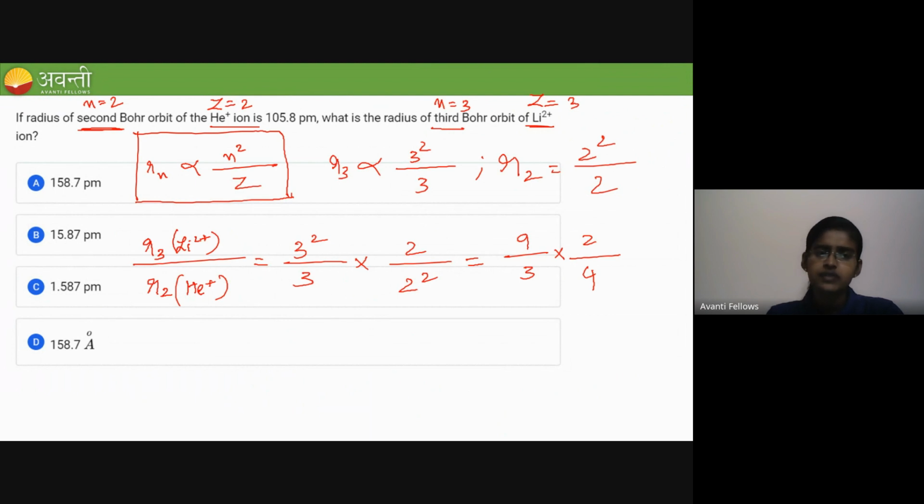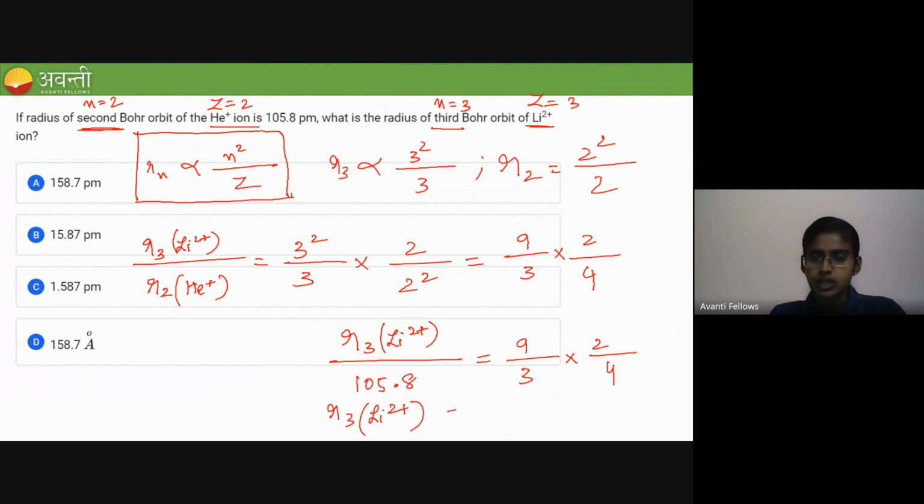The radius of the second Bohr orbit of helium plus is given, so we can substitute that value in place of R2, that is 105.8 picometer, which is equal to 9 by 3 into 2 by 4. Now bring this to the other side. R3 of lithium 2 plus will be equal to 105.8 into 9 by 3, we can cancel it here, it will be 2, so into 2.